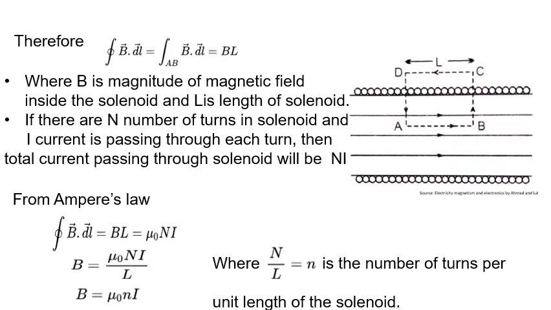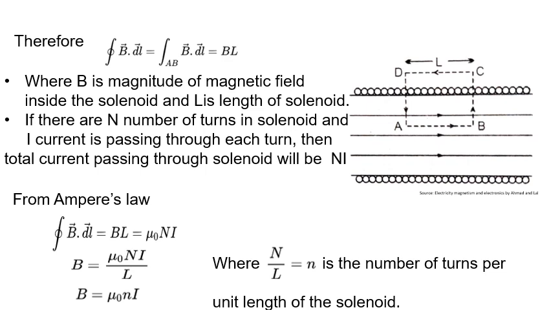Therefore, closed integral of vector B dot vector dl equals integral AB of B dot dl equals BL, where B is the magnitude of the magnetic field inside the solenoid and capital L is the length of the solenoid.